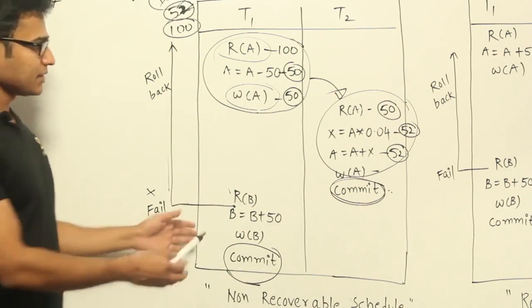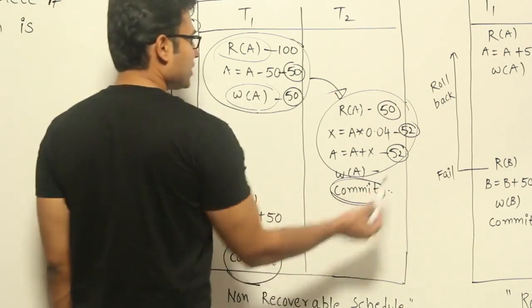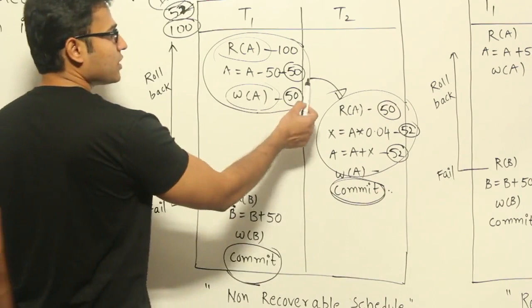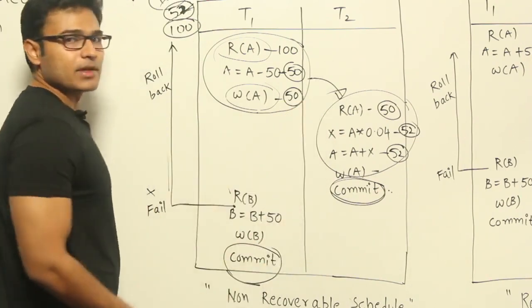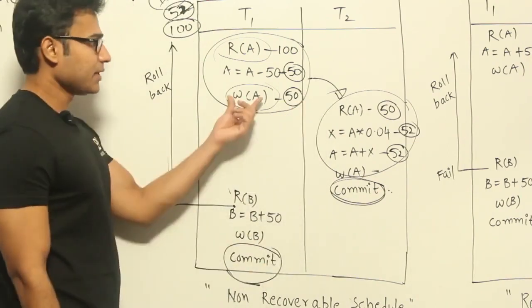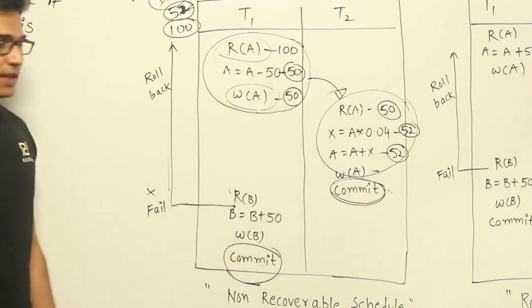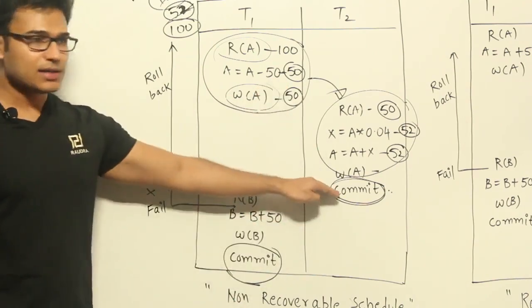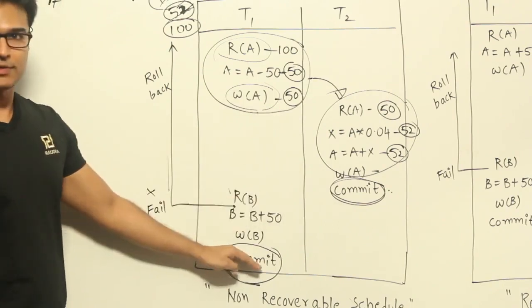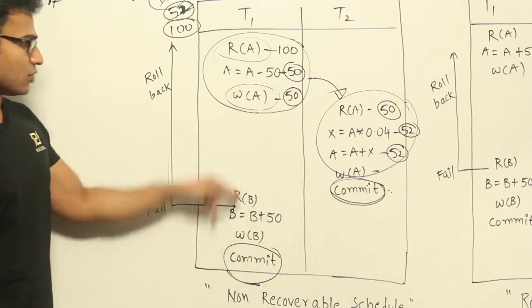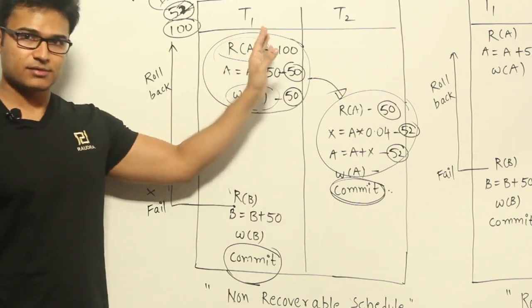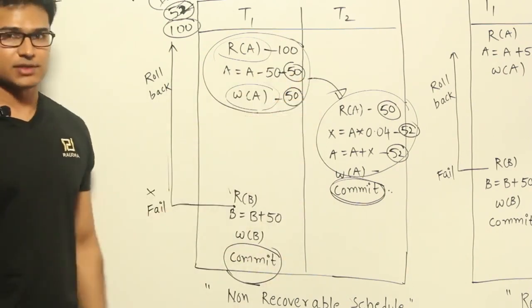So in the case of commit, whenever you read data which is not committed, you don't commit until the other person has committed. In case the other person rolls back, then you too roll back, and only then are you going to have consistency.